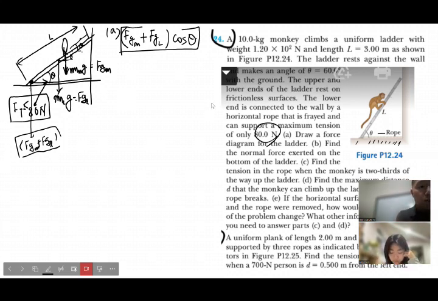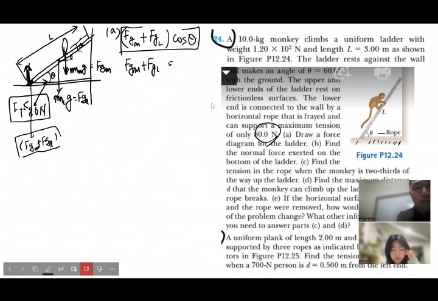The normal force exerted on the surface of the ground should be the combination of, as I said, the weight of the monkey and the weight of the ladder.